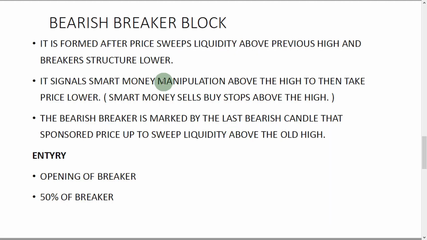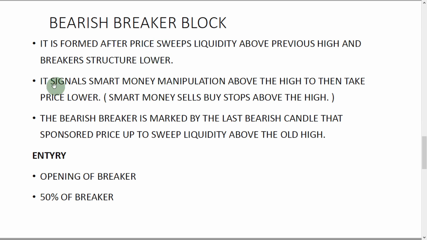Let's look at the bearish breaker block. Now, if you understood the bullish breaker, this should be much easier because it's the direct opposite of a bullish breaker. So a bearish breaker is formed after price sweeps liquidity above a previous high. So price has to sweep liquidity above a previous high. After the sweep of liquidity above that previous high, it should break structure lower.